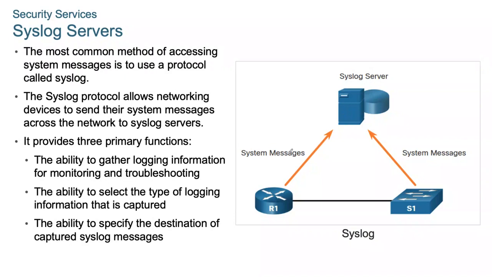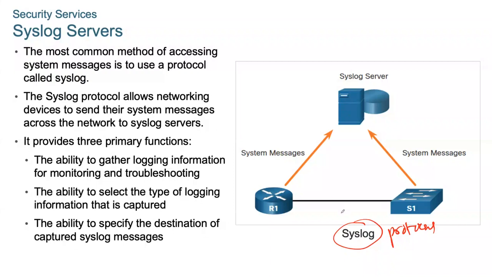Network administrators have a variety of options for storing, interpreting, and displaying these messages, and for being alerted to those messages that could have the greatest impact on the network infrastructure. The most common method of accessing system messages is to use a protocol called the Syslog protocol, for sending the request as well as getting the information from these network devices.